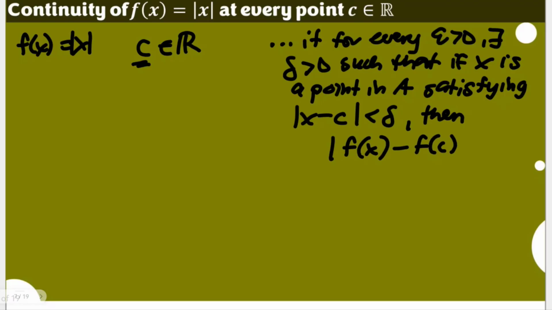If we can, definitely we can say that our function is continuous at every point C. And f of C is just the absolute value of C itself.